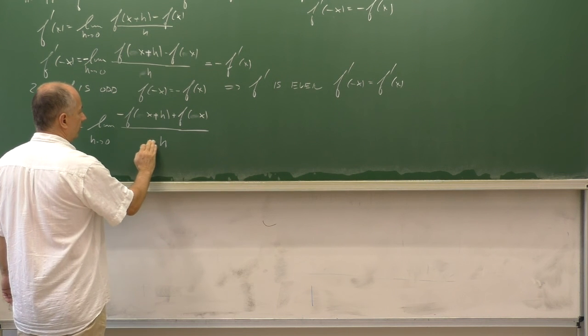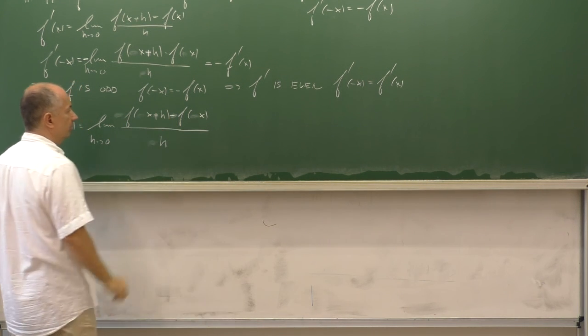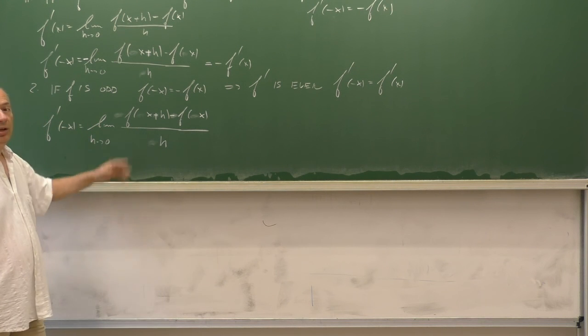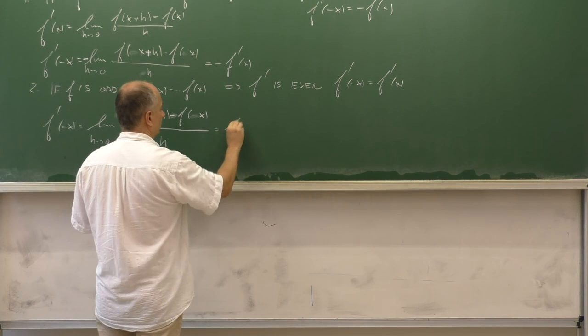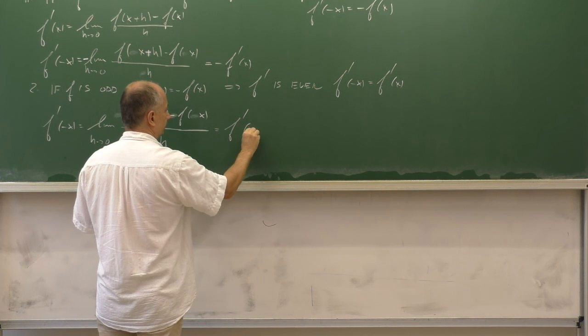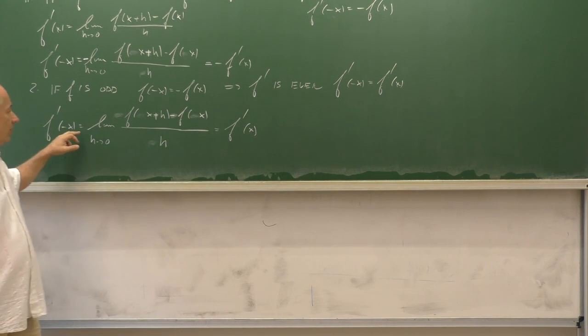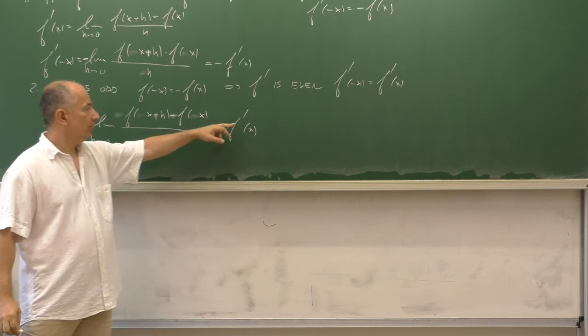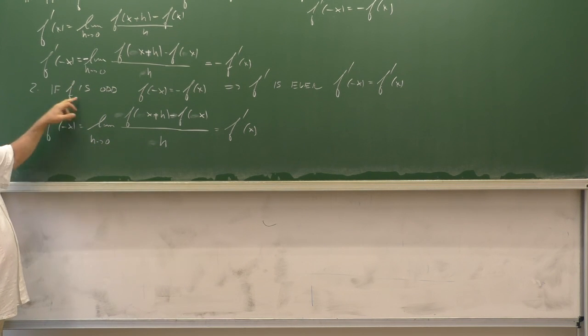So this minus becomes plus, this minus becomes plus, and this plus becomes minus. And we are done. This is the derivative of the function f at the point x. So indeed, the derivative at minus x is equal to the derivative at x. So the derivative is even if f is odd.